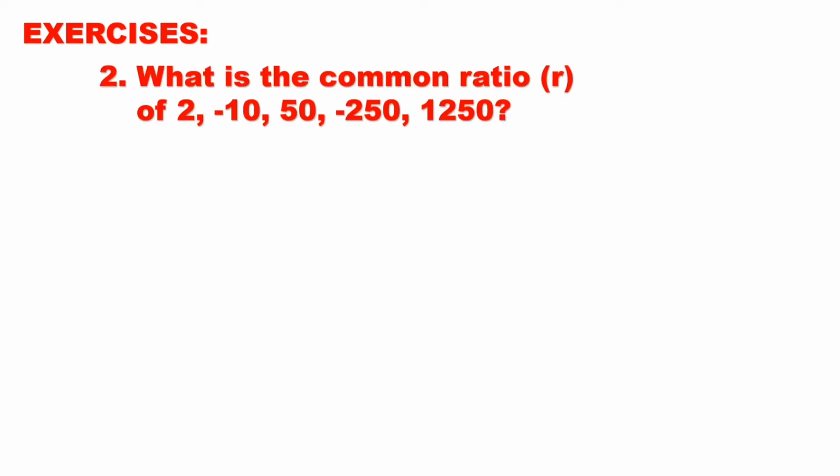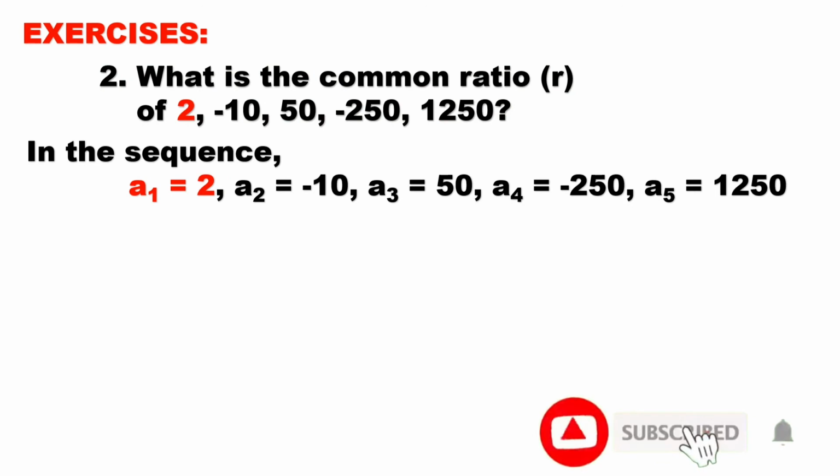Number 2, what is the common ratio of the sequence 2, negative 10, 50, negative 250, and 1250? In the problem, a sub 1 is 2, a sub 2 is negative 10, a sub 3 is 50, a sub 4 is negative 250, a sub 5 is 1250.